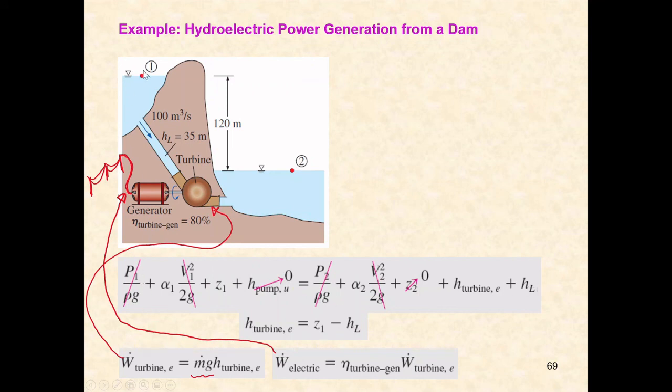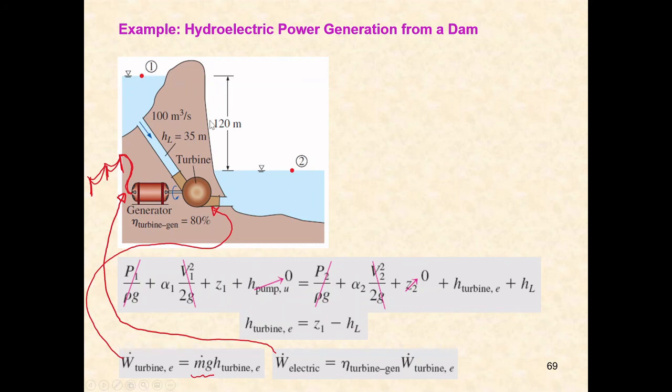So we can say that pressure at point 1 and point 2 are at atmospheric pressure. So P1 equals P2, so they can be cancelled out. And then V1 and V2, the velocity at point 1 and point 2, are relatively near 0 and equal to one another.